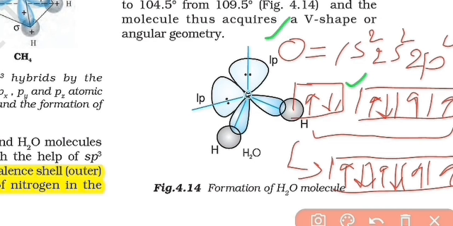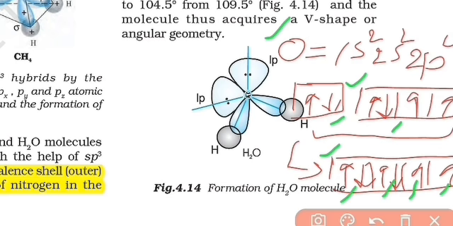And after that, all the four atomic orbitals, these 2s2 and 2p4, combine with each other, hybridize, and we get four hybrid orbitals of same energy, in which two hybrid orbitals contain 2 electrons and two hybrid orbitals contain 1 electron.